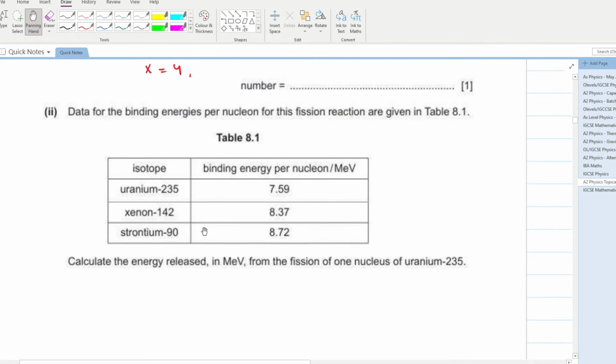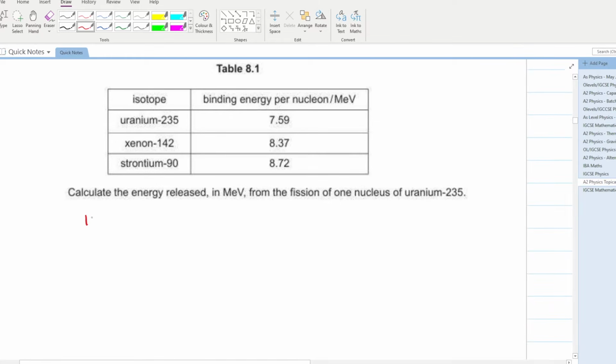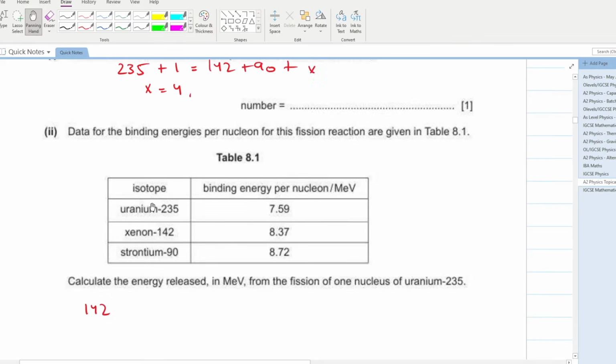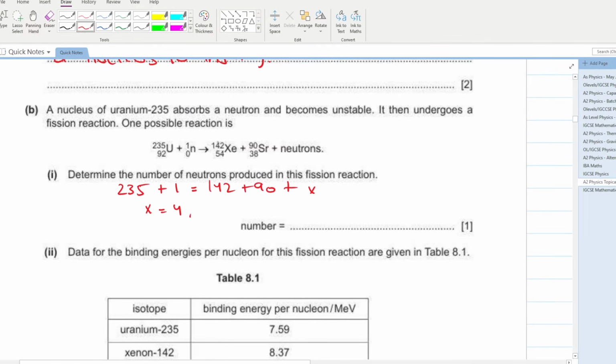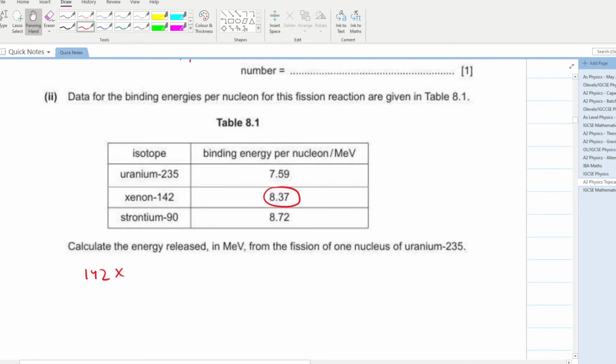So what is xenon? Okay, so xenon-142. How many nucleons does xenon have? 142. So multiply the energy by 142, because this 8.37 is the energy per nucleon. And how many nucleons does xenon have? 142.